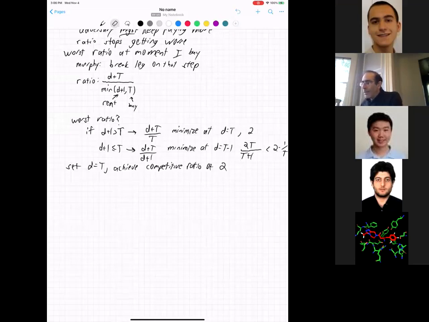And that is the best competitive ratio that you can achieve, because we've also shown that if you set D equal to T, the adversary will break your leg when you buy on the T plus first step, and therefore you will end up paying 2T and the adversary will only pay T. Okay, so we achieve a competitive ratio of 2. Any questions about that?